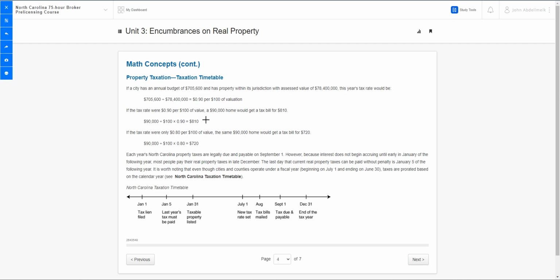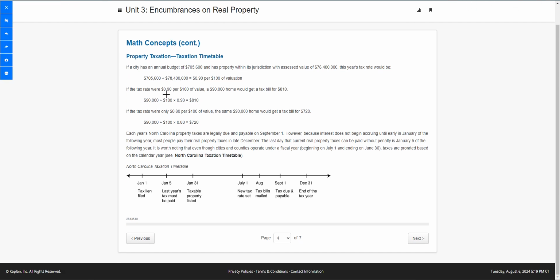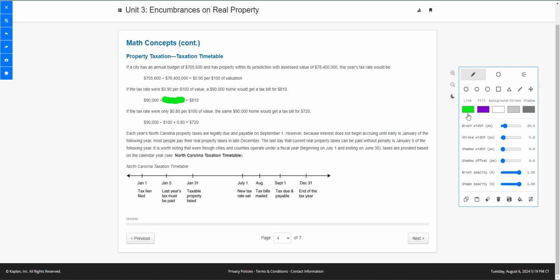This is just 0.9 divided by 100, which is going to equal 0.009.